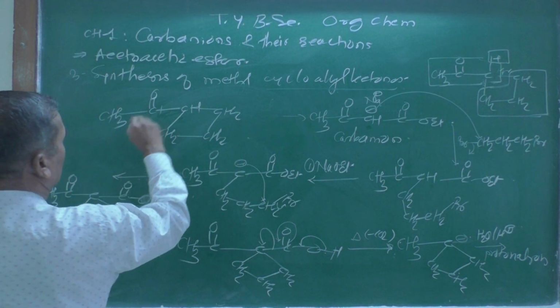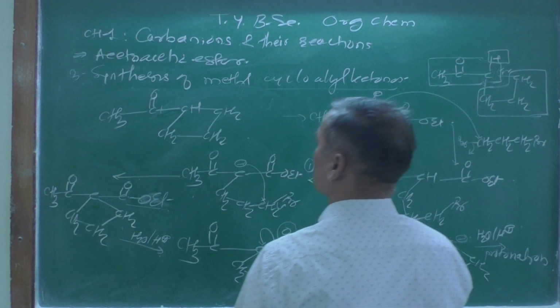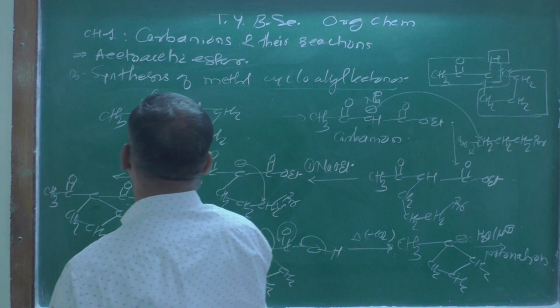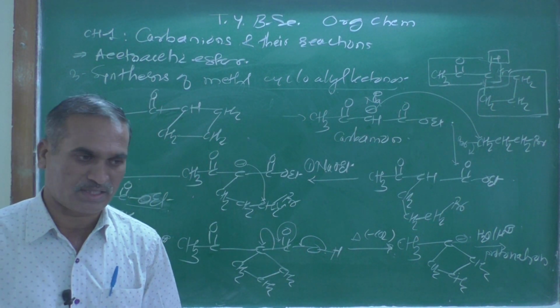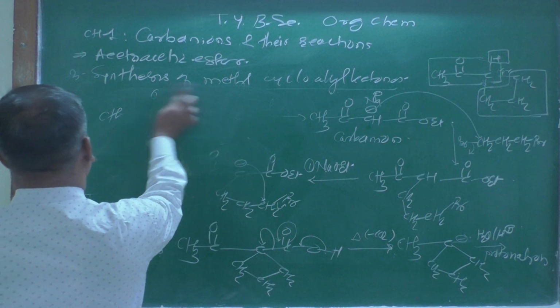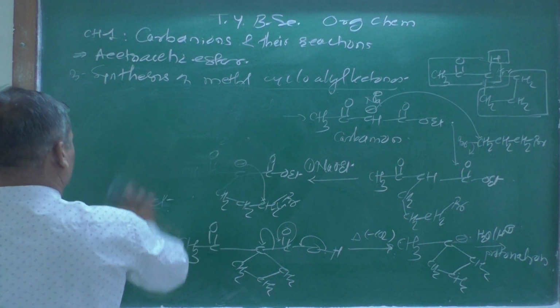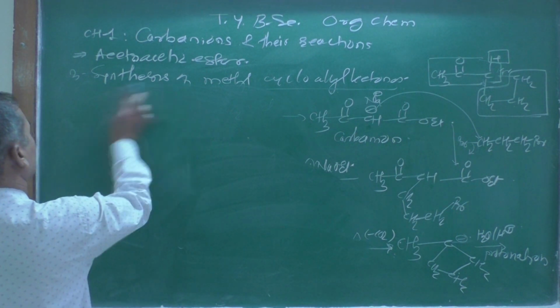This is a methyl cycloalkyl ketone or methyl cyclobutyl ketone. So this is a compound we have synthesized by using acetoacetic ester, which is the starting material used for the synthesis of this compound.